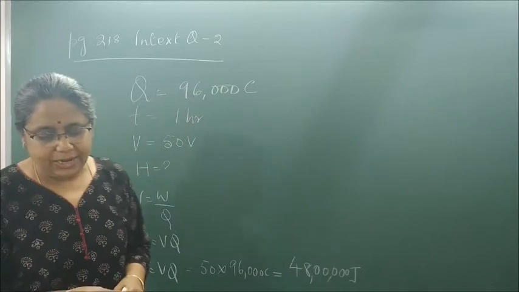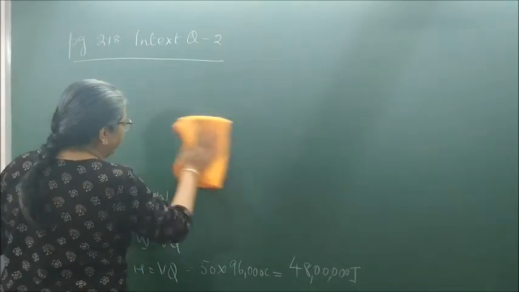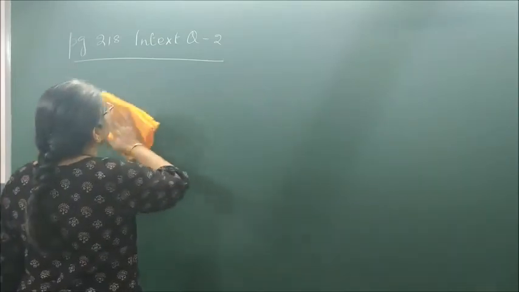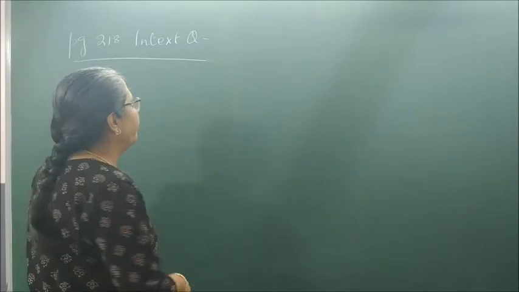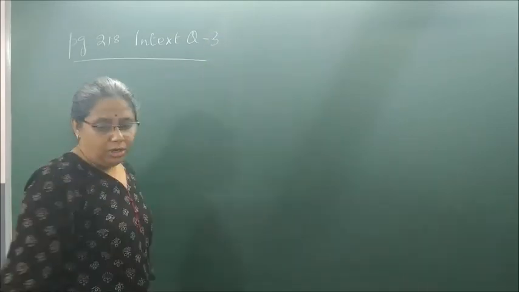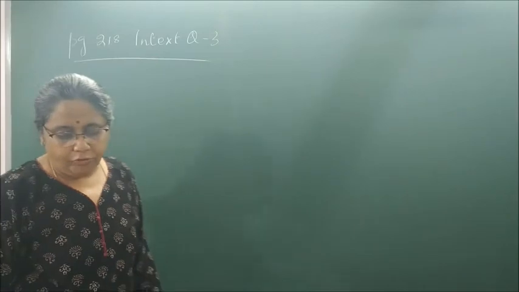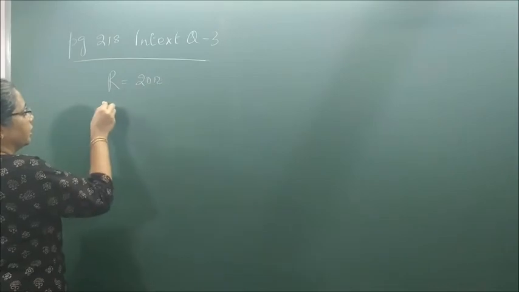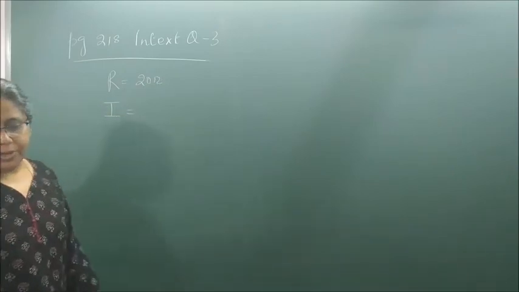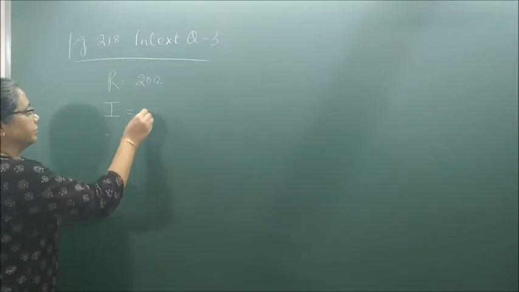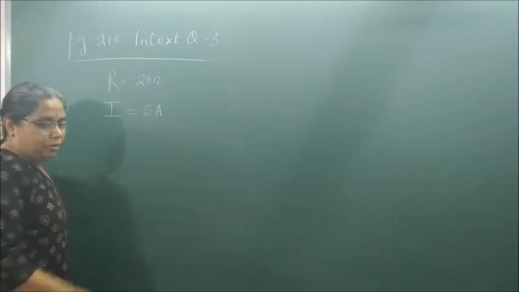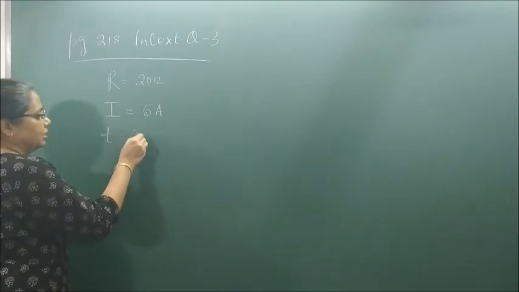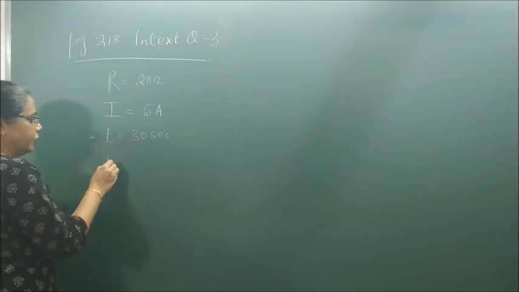Now we will go to the third problem of the in-text questions. It says an electric iron of resistance 20 ohms, R is 20 ohms. Current is how many amperes? 5 amperes. Calculate the heat developed in 30 seconds. T is 30 seconds. What do I have to find out?